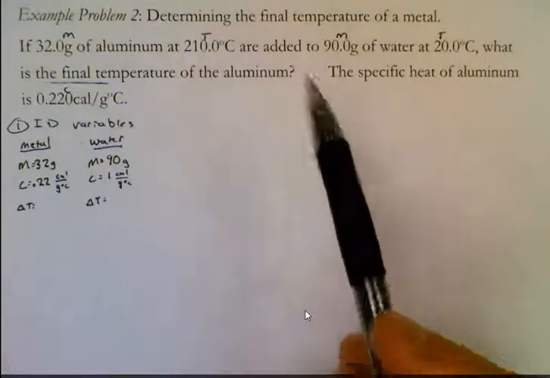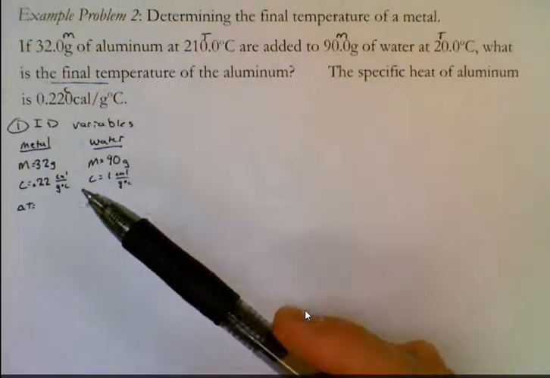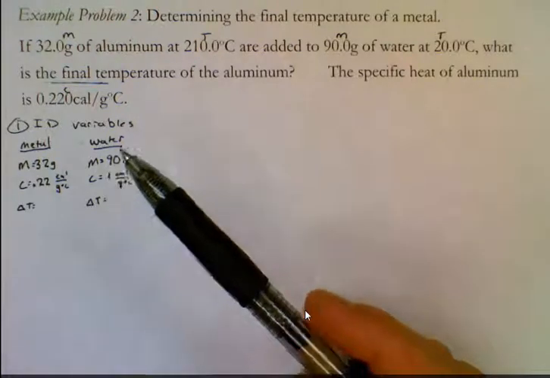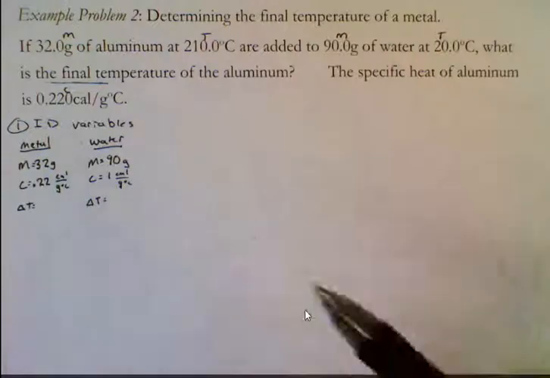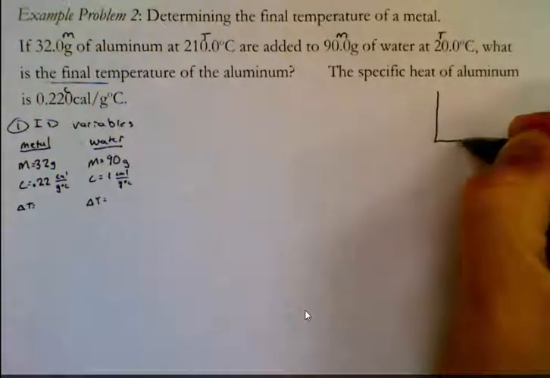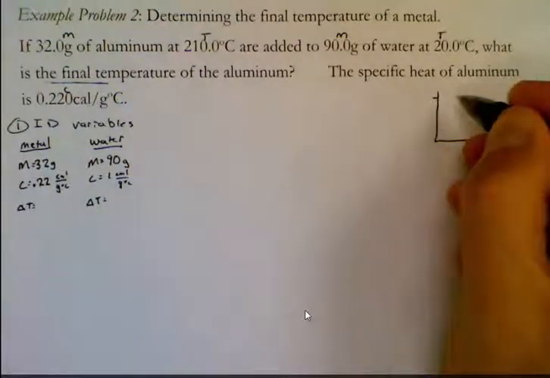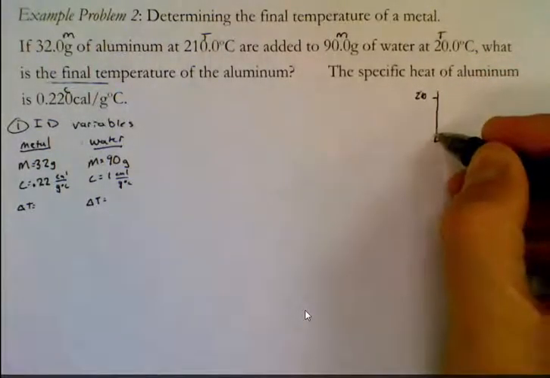The problem doesn't tell us enough information to fully solve this. We have to infer some information. Now, when a hot piece of metal is put into some cold water, the temperature of the metal is going to drop. So here's a quick graph of what that would look like. The metal starts at 210, and the water starts at 20.